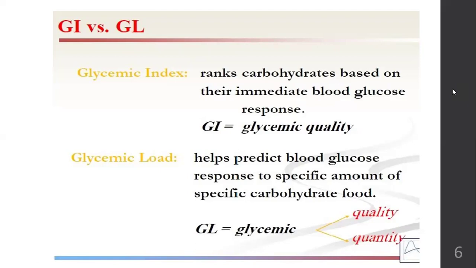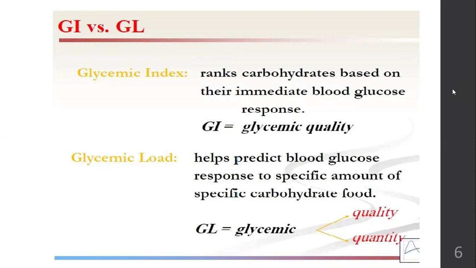But glycemic load can help you predict the blood glucose response because we are already using glycemic index in this formula. Along with that, it accounts for how much food you ate: quality and quantity, the quantity of food in grams.